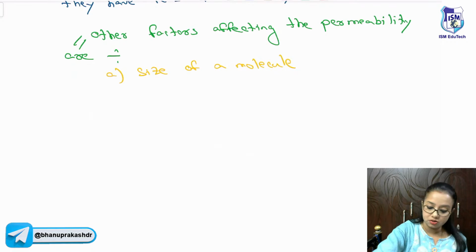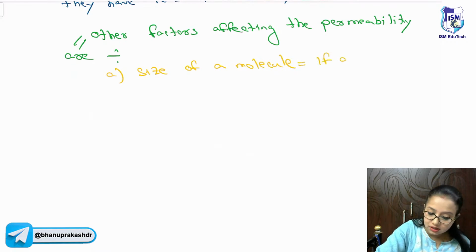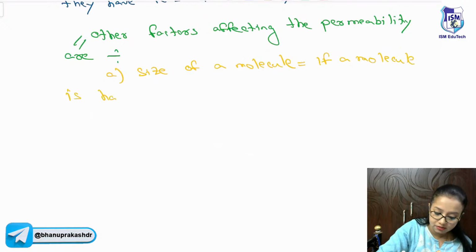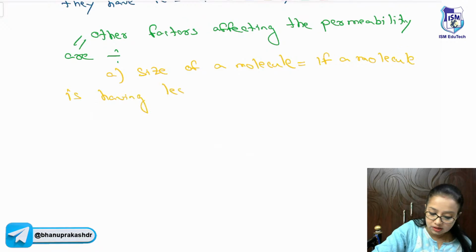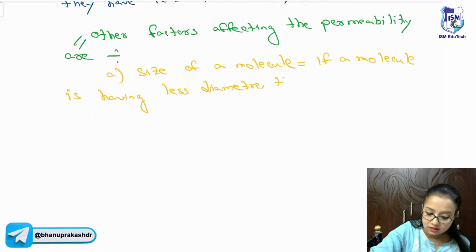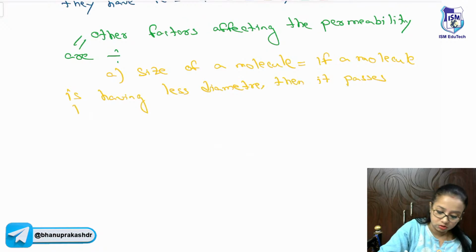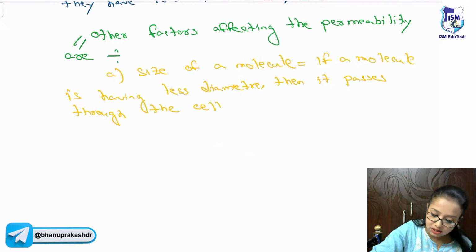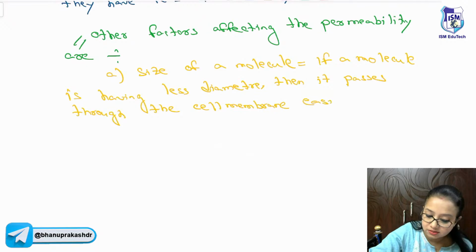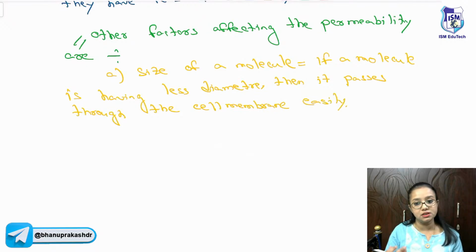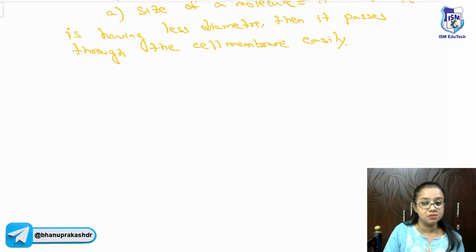The size of the molecule, what is it? If a molecule has less diameter, then it passes through the cell membrane easily. Okay, if it has less diameter, it passes through the cell membrane very easily.